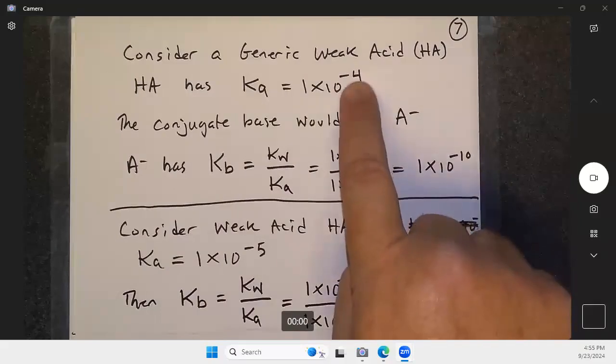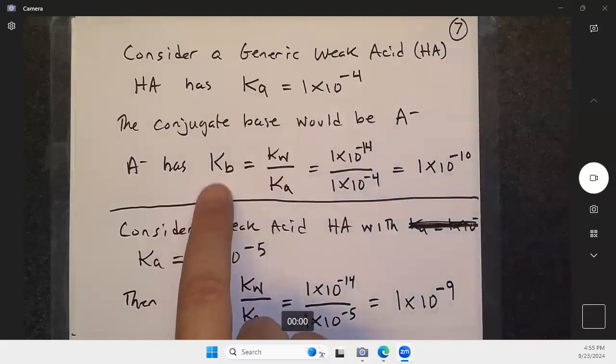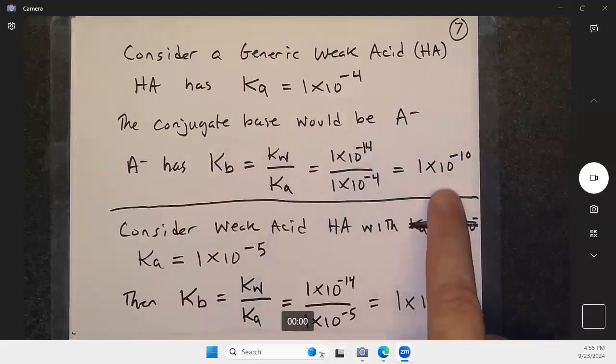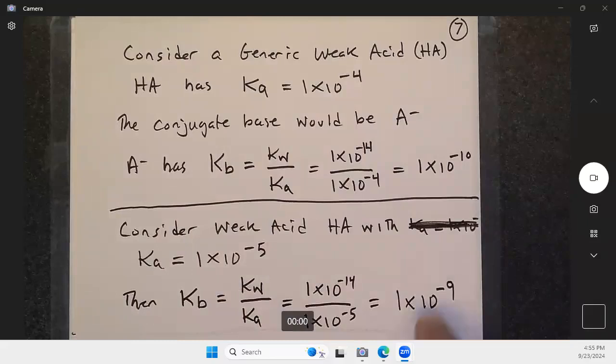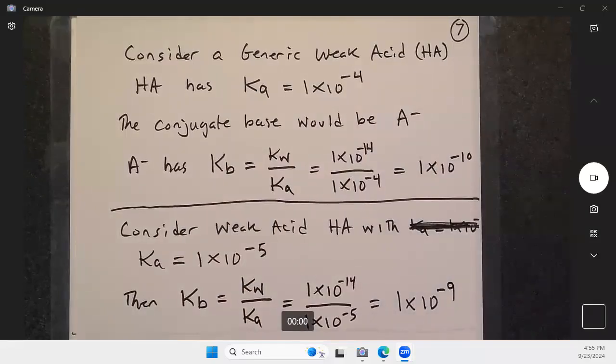But what happened when we calculated the Kb? The Kb for the stronger acid was 1 times 10 to the minus 10. What happened to the Kb for the weaker of the two acids? It's 1 times 10 to the minus 9. So which is a stronger weak base? The one in the first example or the one in the second example? The second one, right?